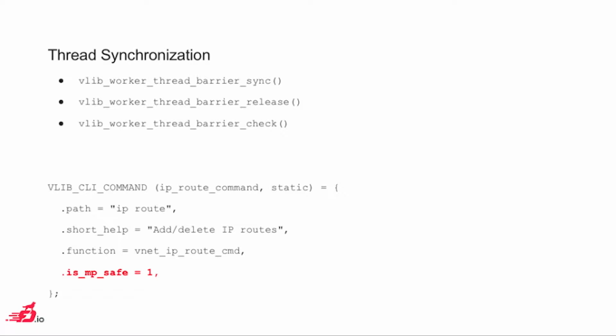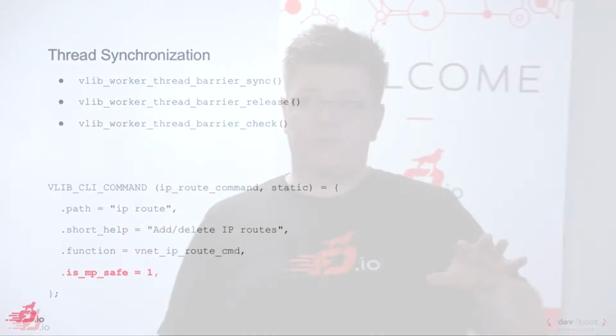Also, if we are cloning the data structures, that's very, very complex functions in vlib threads.c, which is doing that stuff. Many data structures we are basically replicating and copying to the different worker threads. So the basic idea is that if you want to do anything which is updating the data structures which are used by the worker threads, and you are not thread safe, you just stop them, update, and release them.